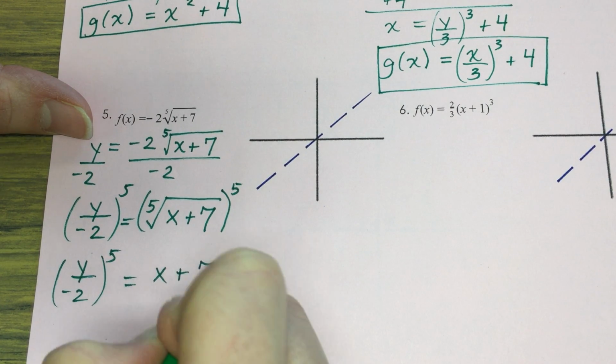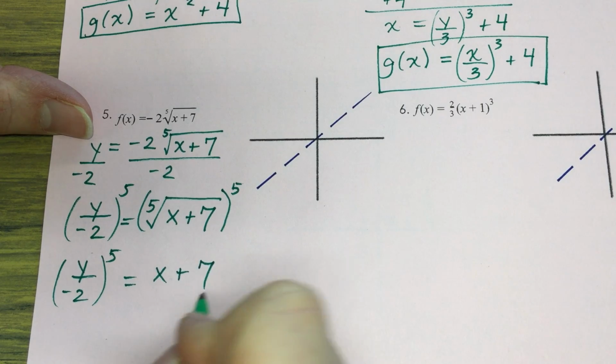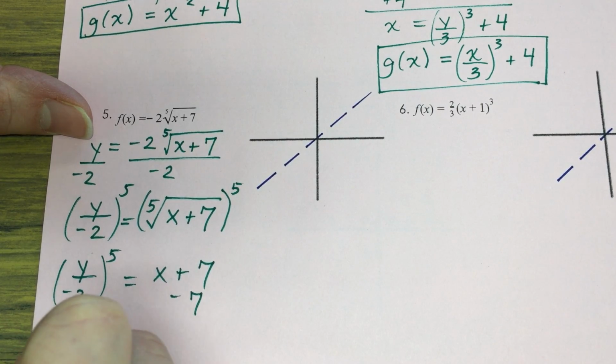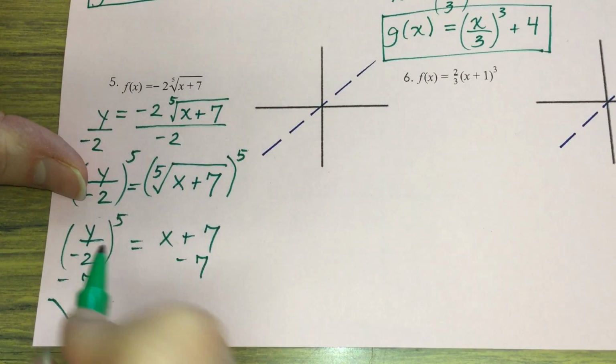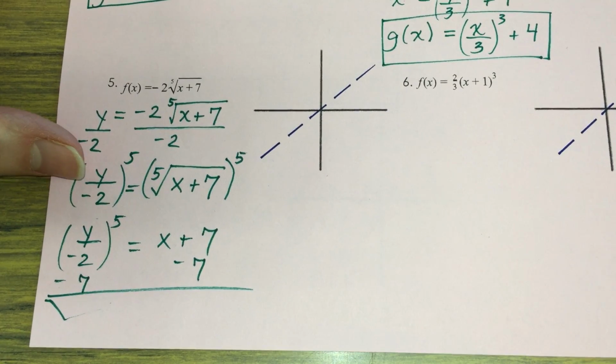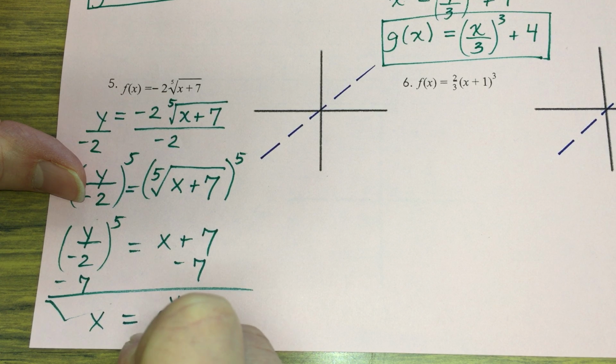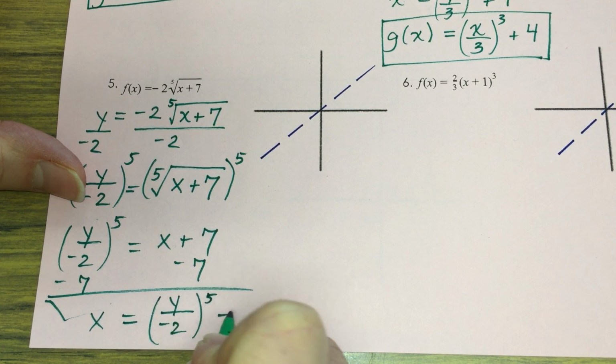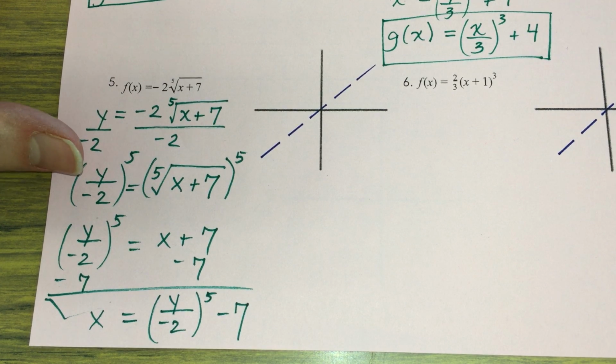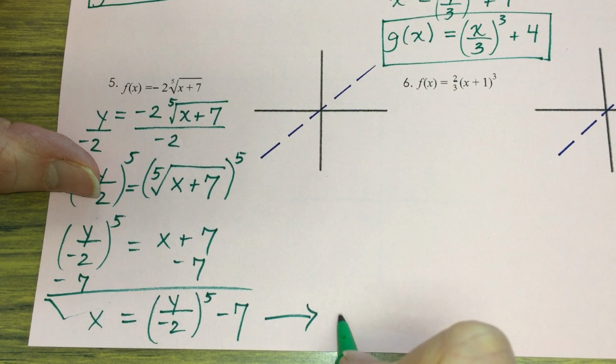The radical goes away then. Subtract 7. And now we have our function by itself, so I'm just going to write x equals, we have our x by itself. But this is our new function, g of x.